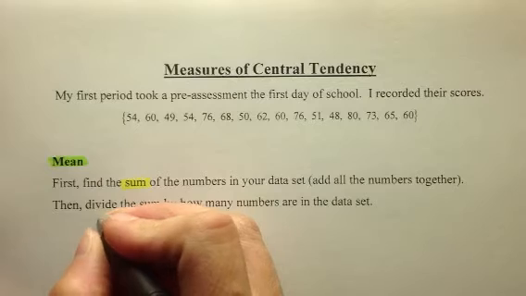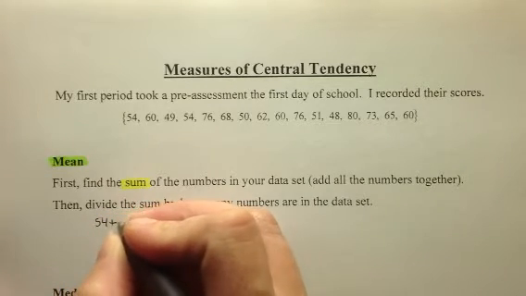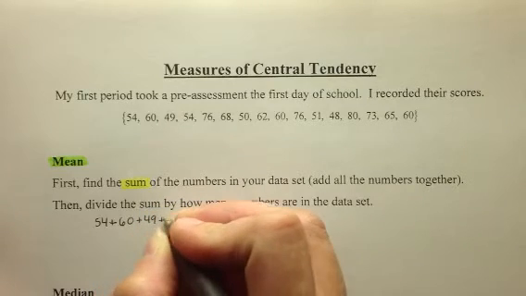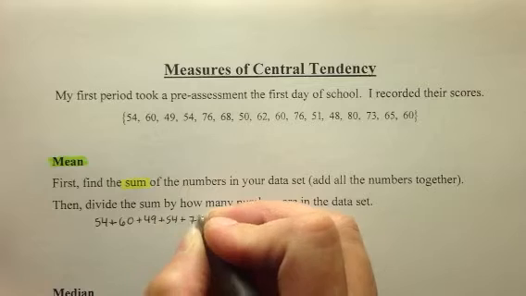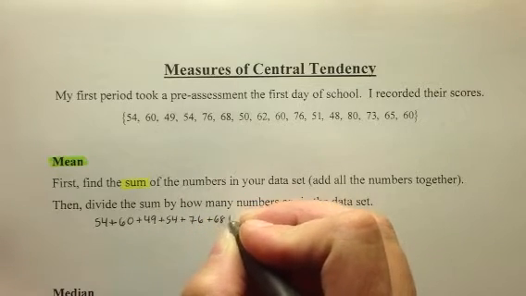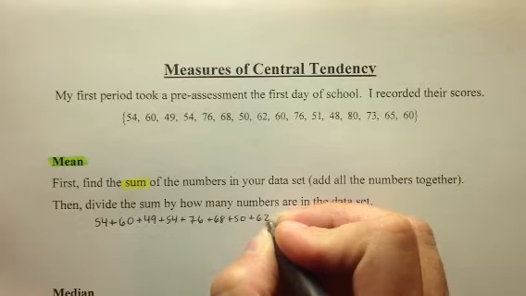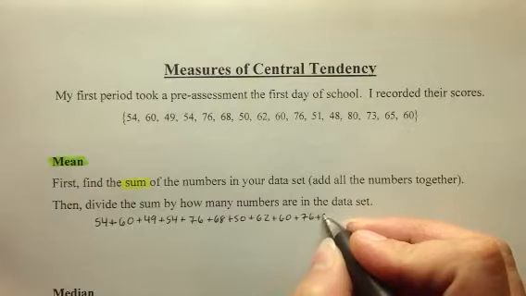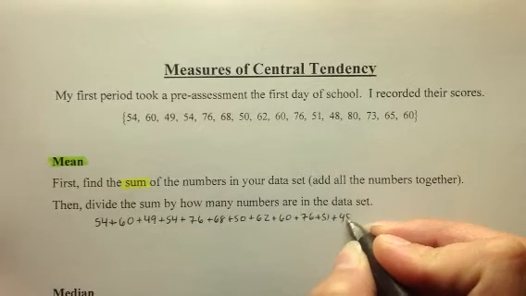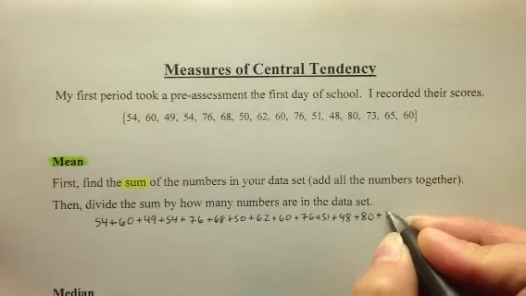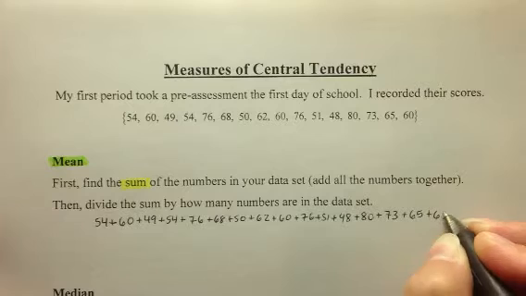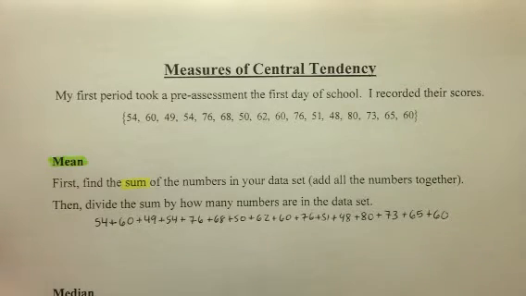So you can use your calculator, and you're just going to add up the numbers. 54 plus 60 plus 49 plus 54 plus 76 plus 68 plus 50 plus 62 plus 60 plus 76 plus 51 plus 48 plus 80 plus 73 plus 65 plus 60. And if you're doing this on the calculator, you want to go ahead and hit enter at this time.